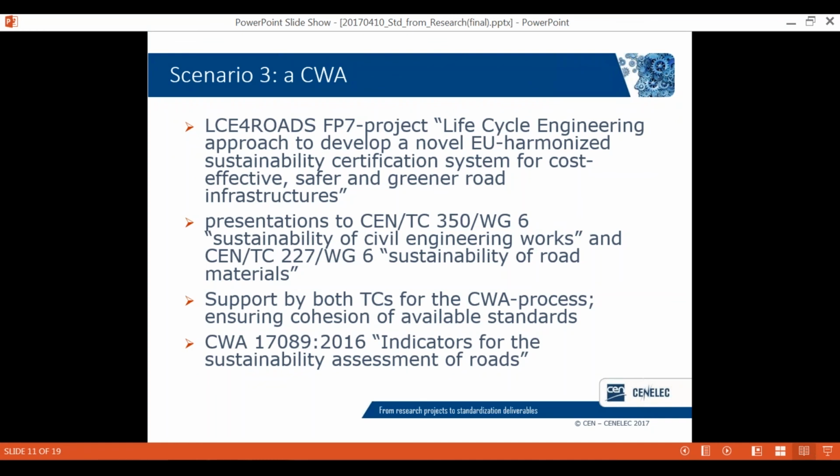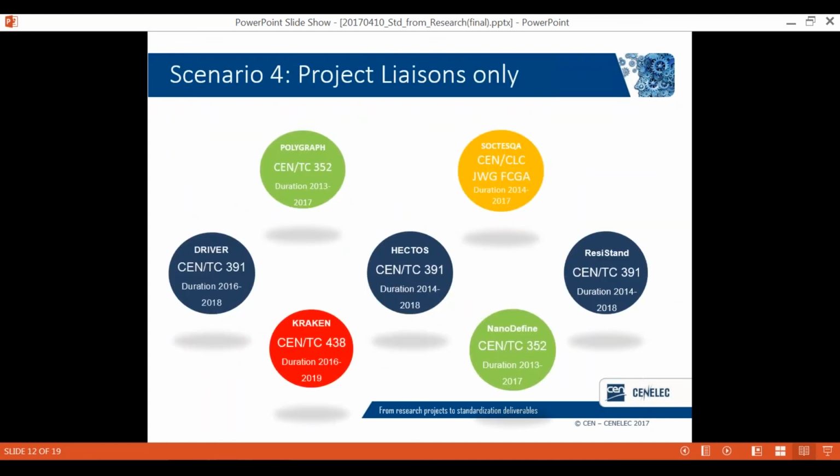A fourth scenario is a scenario where the project entered into a project liaison relationship with the technical committee. This is taking place under Guide 25 that addresses partnerships, and where since a couple of years it is possible that research projects can have a direct relation under a liaison partnership with the technical committee.